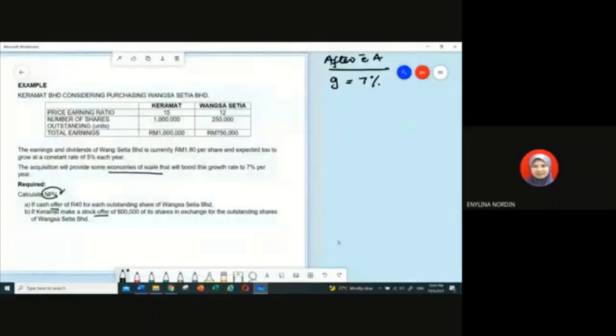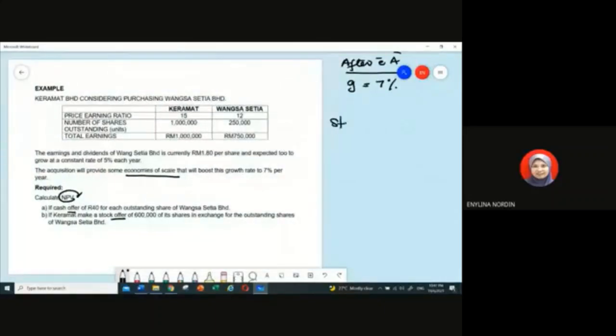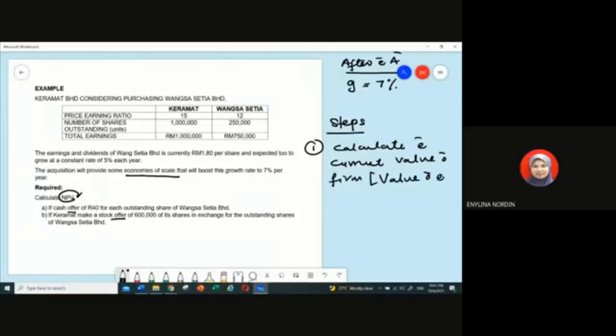The first step is to calculate the current value of the firm, that is the value of the firm before the acquisition.